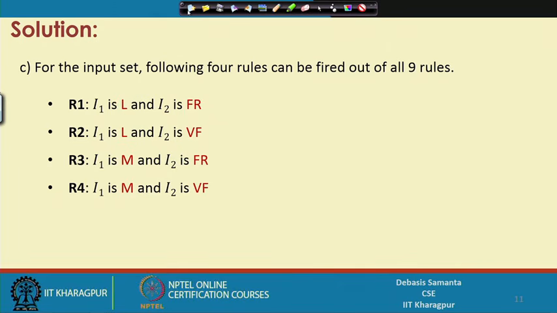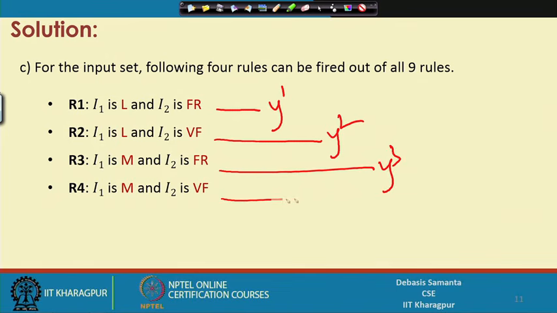If I 1 is L and I 2 is F r, then it gives Y 1, one rule. Similarly, R 2 gives Y 2, this one gives Y 3 and this gives Y 4. So, related to the 4 rules, 4 different outputs can be obtained.